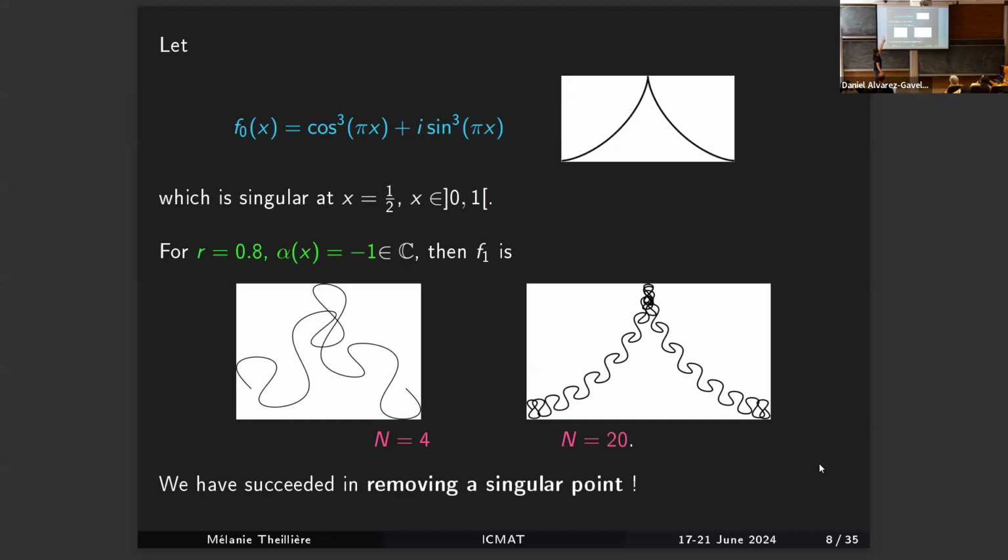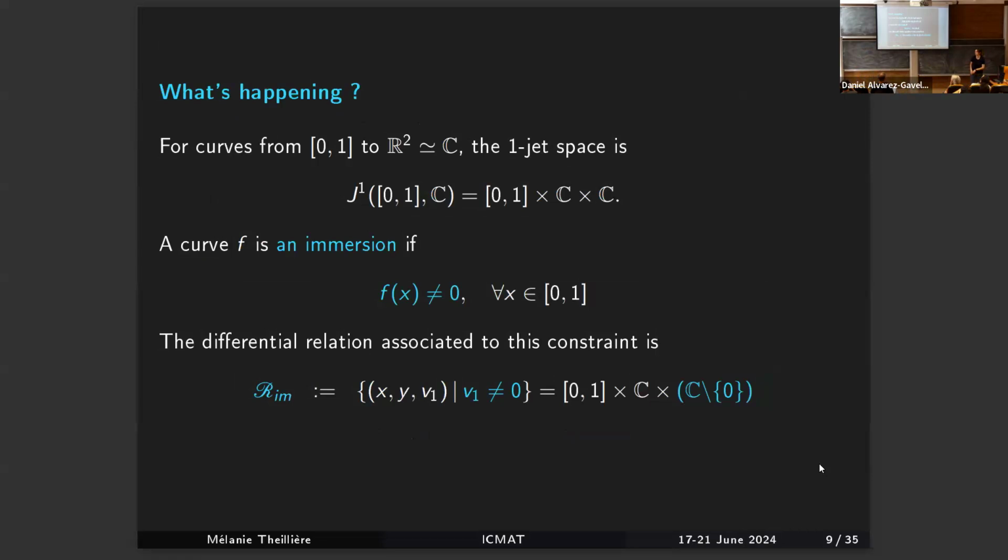We try some parameters, an amplitude and a vector, here given by -1 in the plane, and we obtain this for n equal to 4 and n equal to 20. In fact, we manage to remove the singular point. We would like to understand why these parameters allow us to remove singular points in this case. So what's happening?